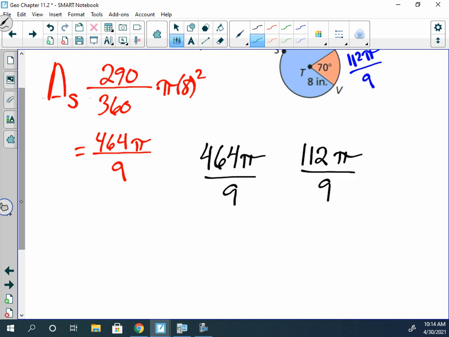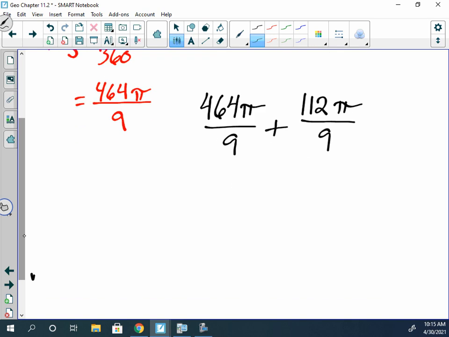We have these two. Without using the calculator, what would you guess would happen if I added these two together? Right, so if I added these, we would have 578 over 9, yes?